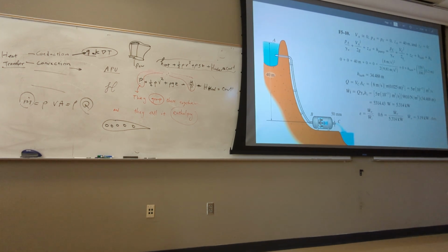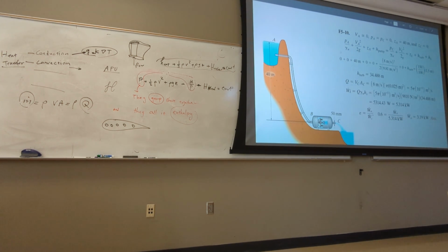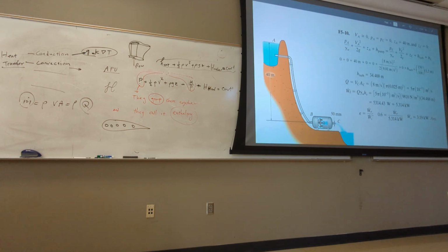But again, you don't need to freak out. Well, should I take this as my reference? Whatever you take, if you stay consistent with your notation, it should work. The end result must be exactly the same. So you put in this equation, you see this is the head form, so everything is in meters.